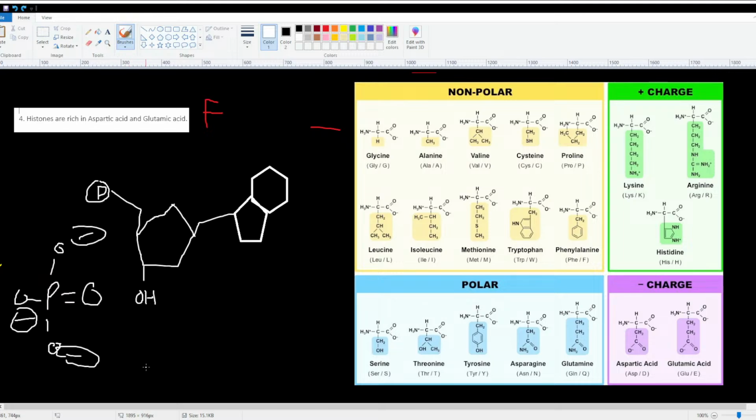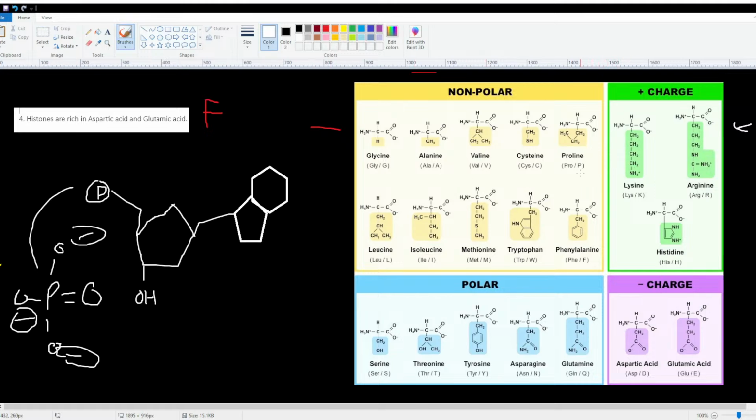So it's not necessarily good or bad that these are negatively charged. It's just how it is. So if we ever see the P with a circle in it, that means phosphate group. So we have the phosphate group here, and those are going to be negatively charged. So opposites attract, of course. So that's going to be attracted to a positively charged group. So histones are going to be rich in amino acids that have positive charge, like lysine, arginine, or histidine, as we see here.